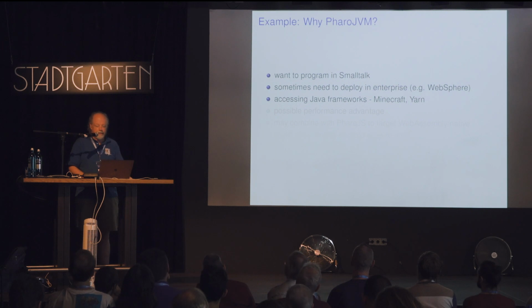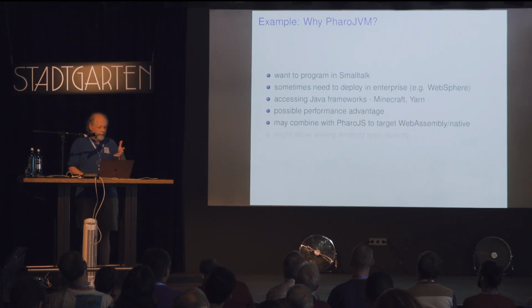Minecraft is another. It's a very popular game, and I was trying to teach some kids to program last year, and so I started the work on PharoJVM based on that. There might be performance advantages. The JVM has huge amounts of commercial work behind it, and so it's a pretty high quality JIT. And so converting your code to JVM and running it on one of those commercial systems might be worthwhile.